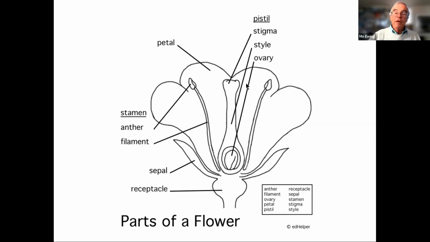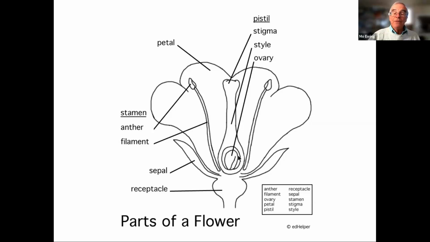And then you have the female parts, which is the pistil, this whole section in here. And it consists of the ovary, which is the seed, basically. And then the style, which is a kind of a long neck thing, and then the stigma that sits on the top. And then the other parts are the male parts, called the stamen, which are these guys here. And they consist of a filament and an anther.